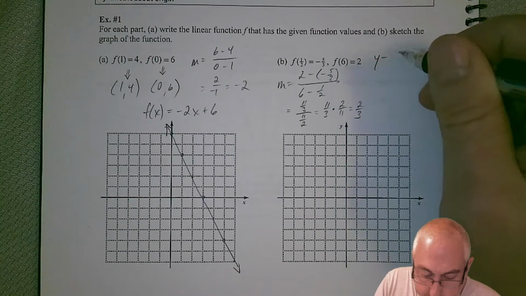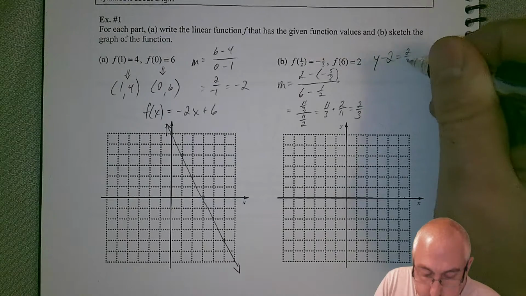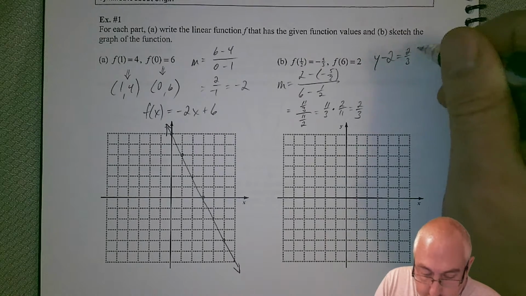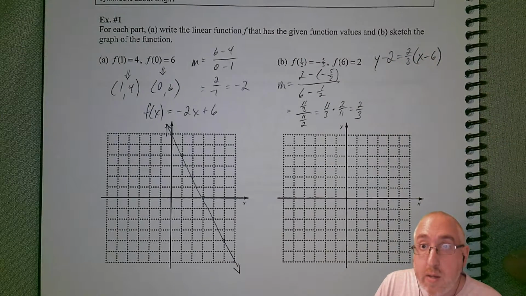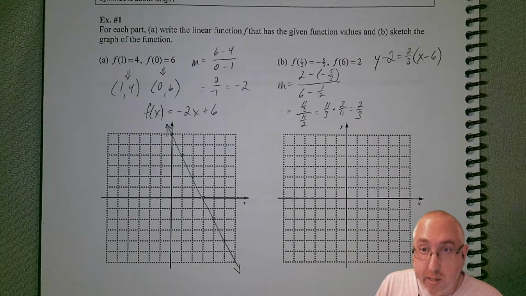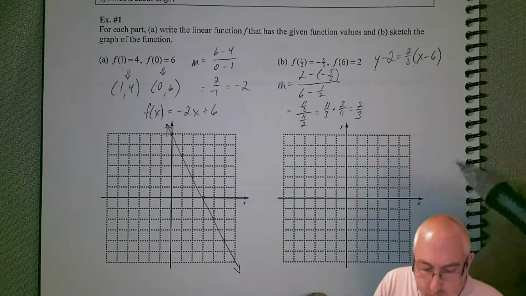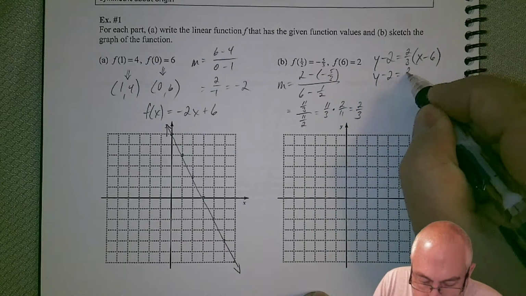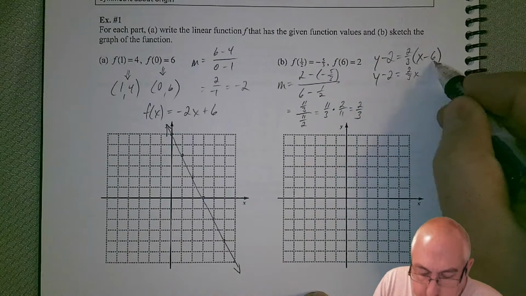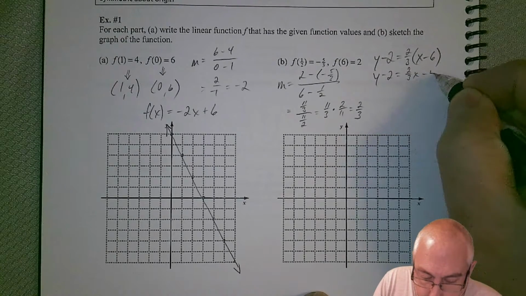So y minus 2 equals 2/3 times (x minus 6). And so now we just have to break it down. Now remember, we're going to change the y into f of x when we're done. So we got y minus 2 equals 2/3 x, 2/3 times a negative 6 would be a negative 4.